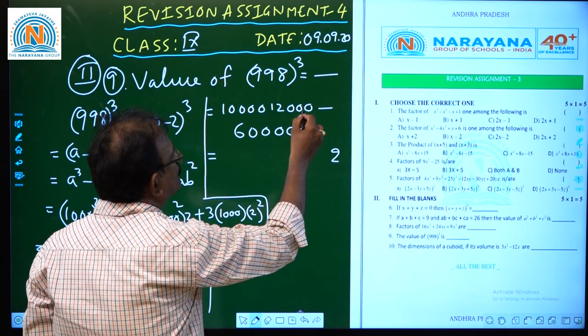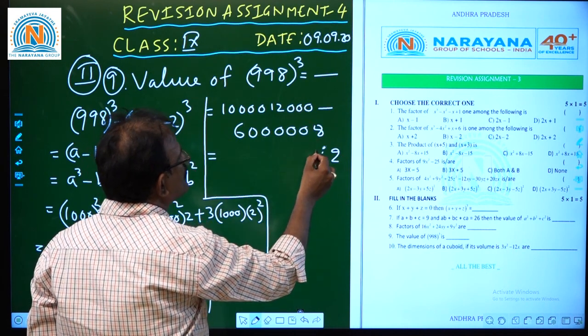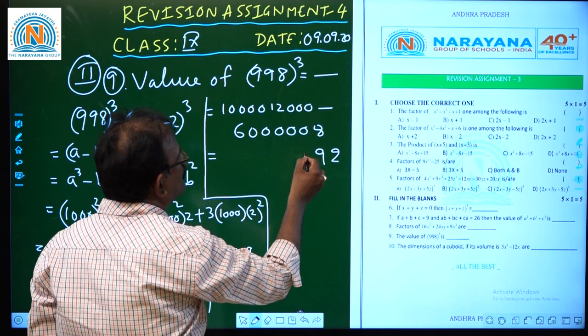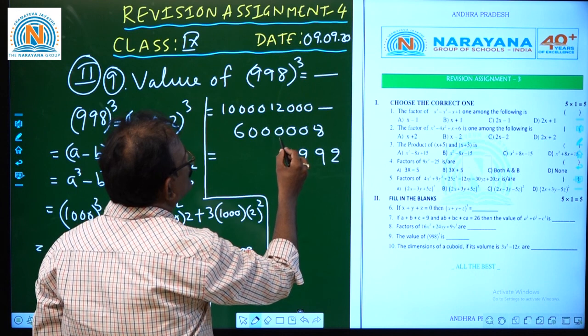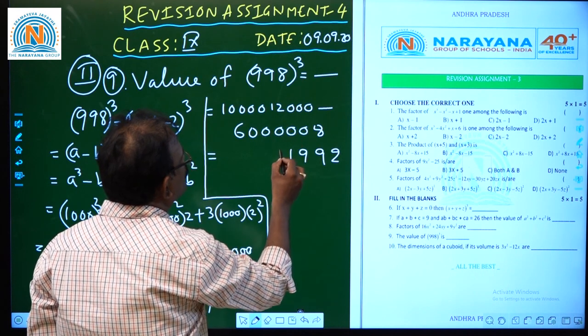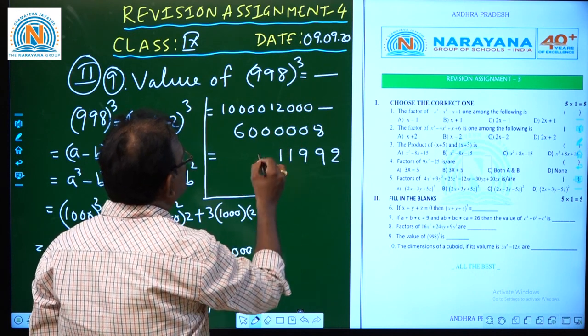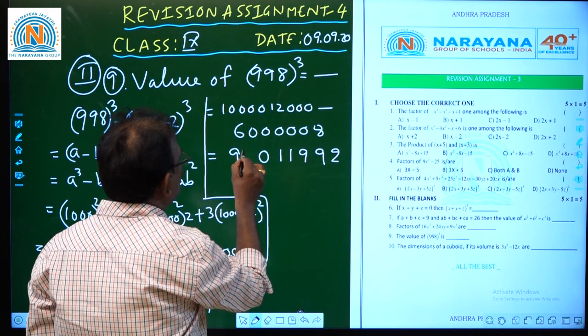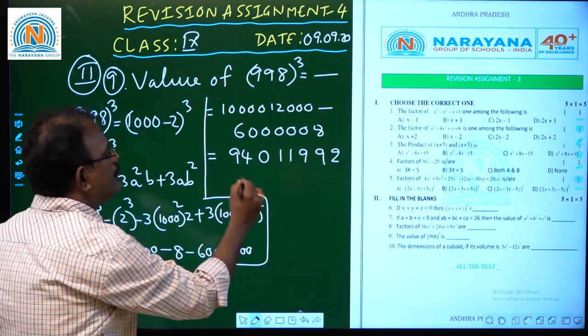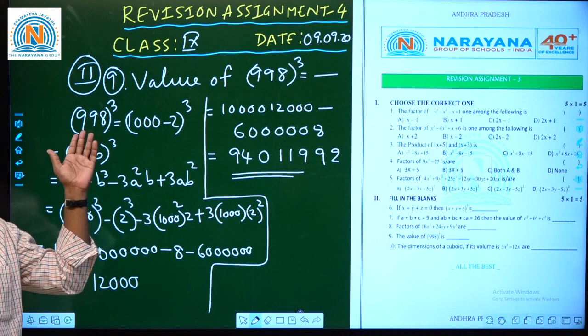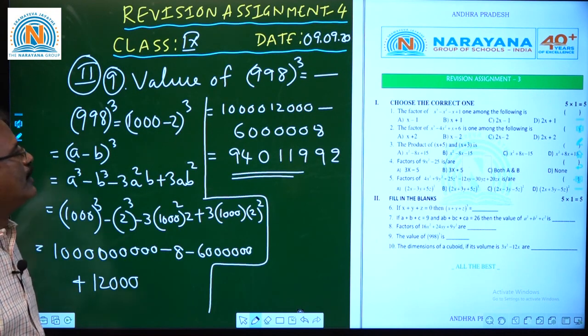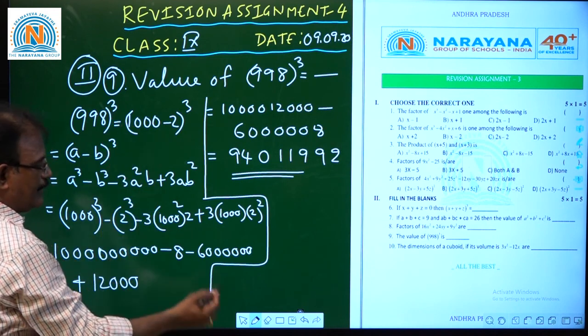Then this is 9, this is 9, this is 1, so 4, then this is 1, then this is 0, this is 94. So this is the final result when 998 is raised to the power 3, children. Okay, so this is the 9th question.